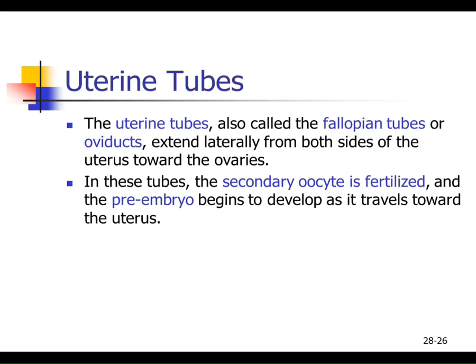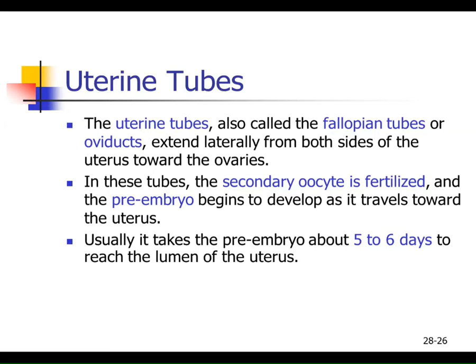Now, Saladin used the word, and I don't like the word, pre-embryo to describe the embryo before it reached the uterus. It's still an embryo, right? So the embryo is going to go from the top of the fallopian tube, and I'll show you a picture in a moment. And typically it takes about 5 or 6 days for the embryo to reach the uterus.